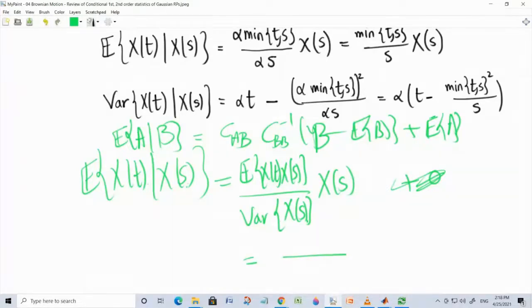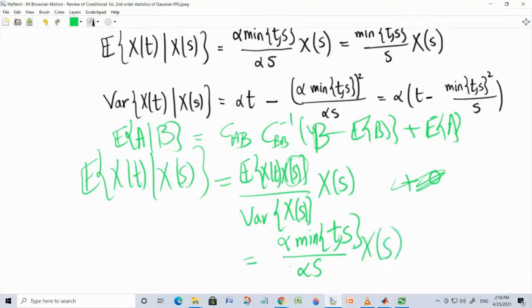So this is the formula, and we actually know the numerator and denominator. The denominator, the variance, is alpha times the instant of time, alpha s. The covariance we did using the trick of replacing x at the bigger time index by itself minus x at the smaller time plus x at the smaller time, so that you exploit the property of independent increments, and we obtained alpha times the minimum of the two time instants.